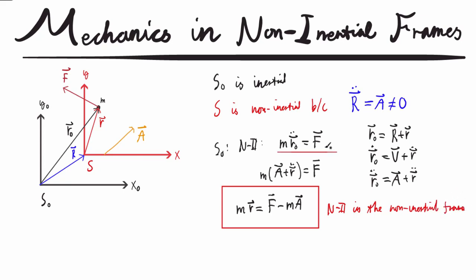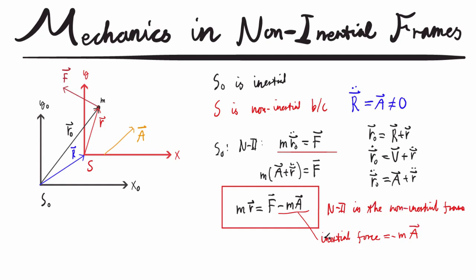So it looks similar to the form we're used to, but we have this extra term here. This extra term is known as the inertial force, and that's the mass times the acceleration of the frame, mA.